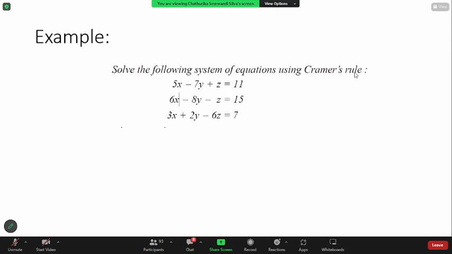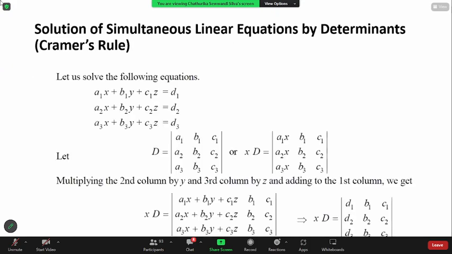If we consider these questions, you are given the three simultaneous equations. By considering the coefficients of these three simultaneous equations, you need to create this matrix. Out of this matrix, you are going to alter each column depending on whether you want to find x or y or z.